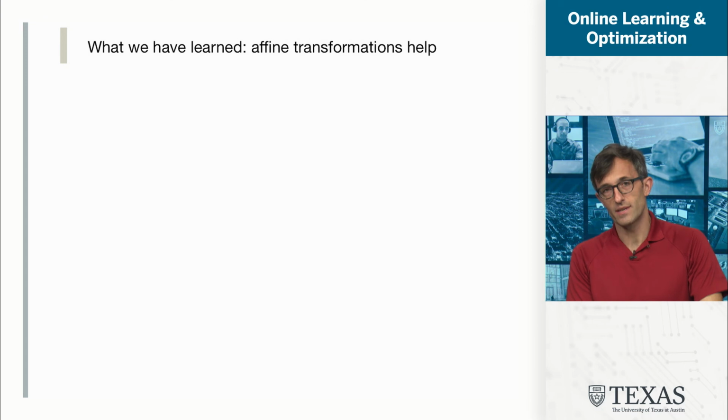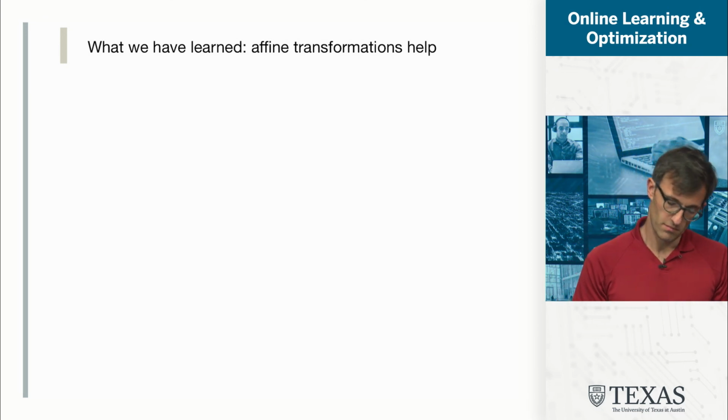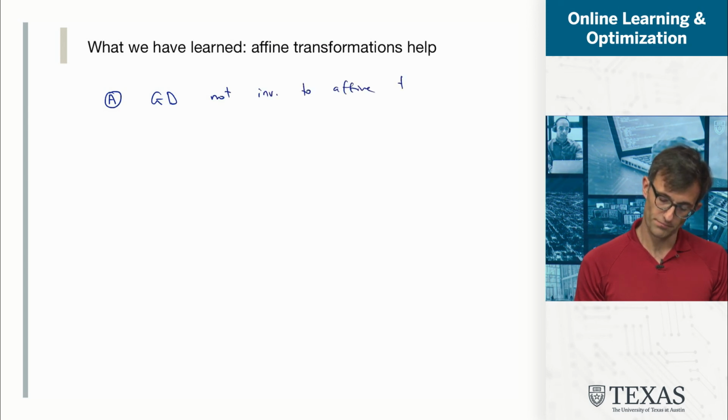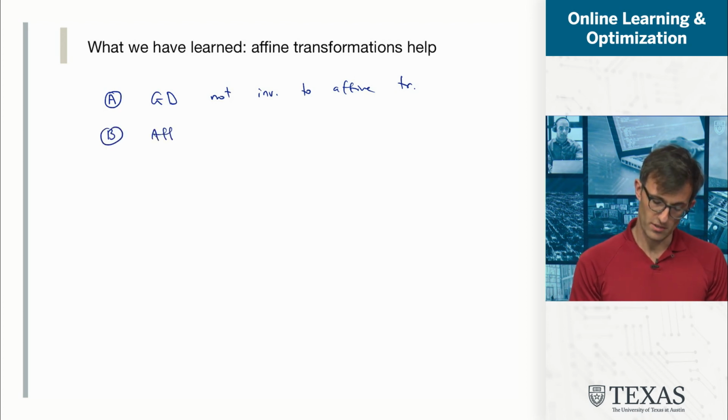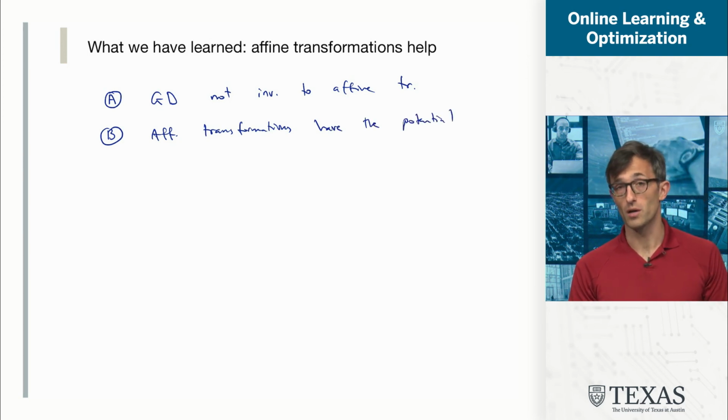So how can we simply summarize what we've learned? Affine transformations help. So in other words, we learned that gradient descent is not invariant to affine transformations, and also that affine transformations have the potential to greatly speed up, of course, or slow down if you choose the wrong affine transformation, and of course that's exactly our next question.